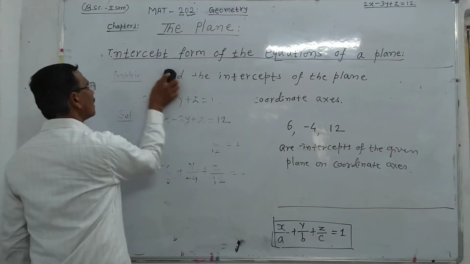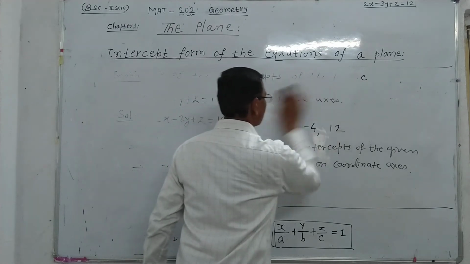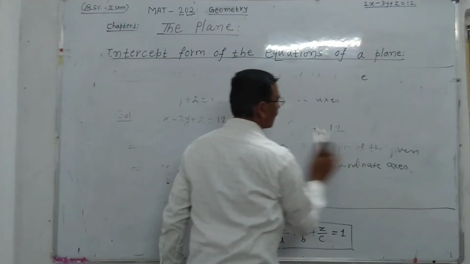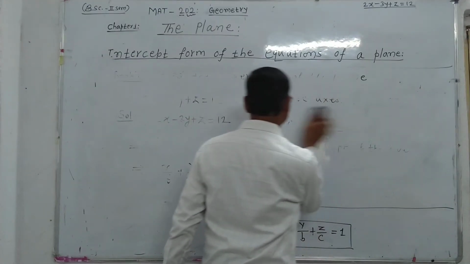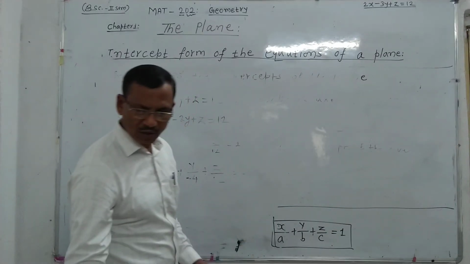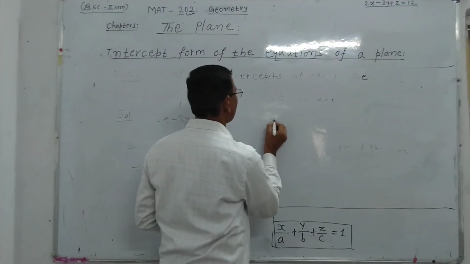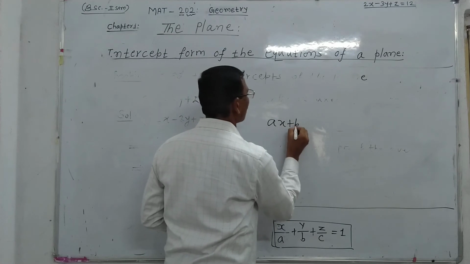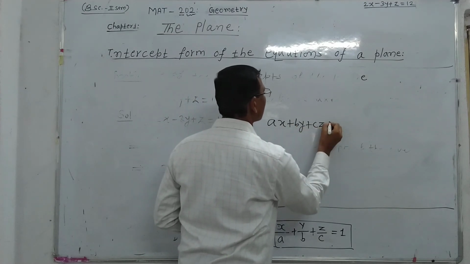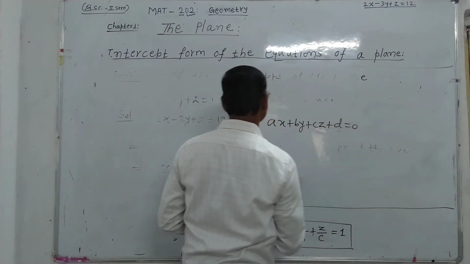Students, we have seen different types of equations of a plane. First of them is the general equation, which can be written as ax plus by plus cz plus d equal to 0.